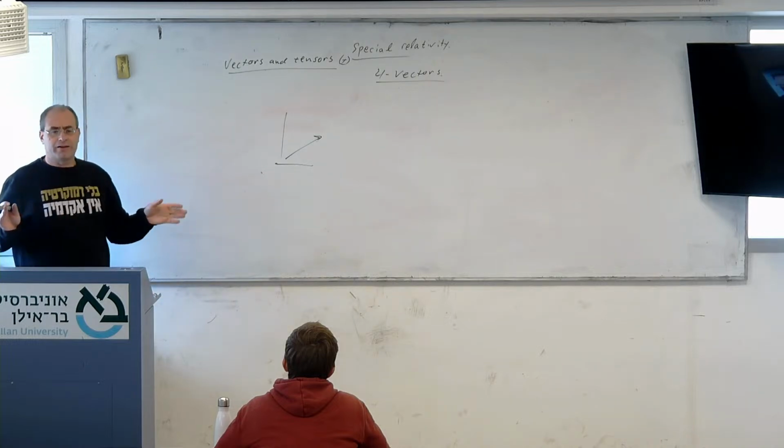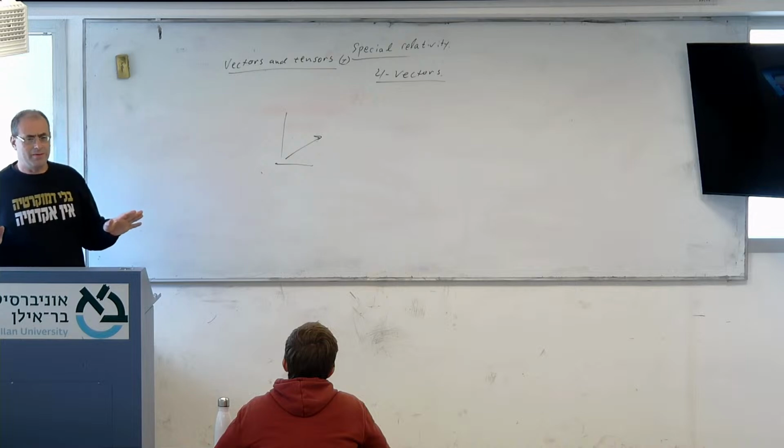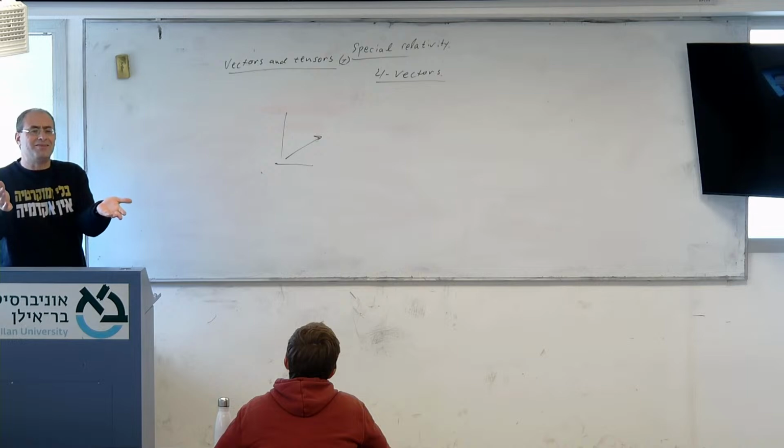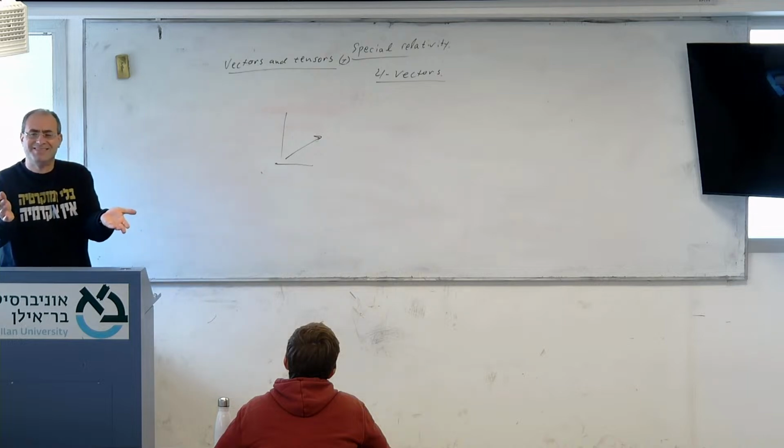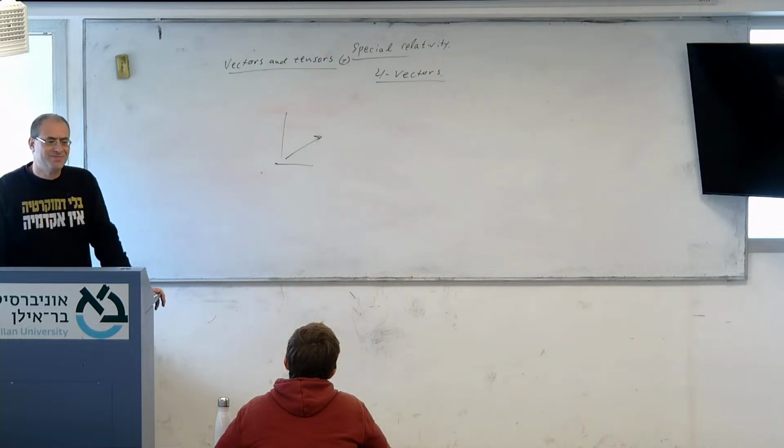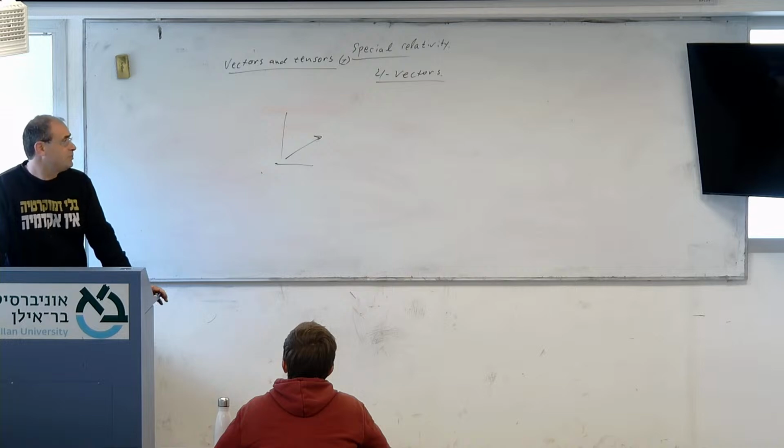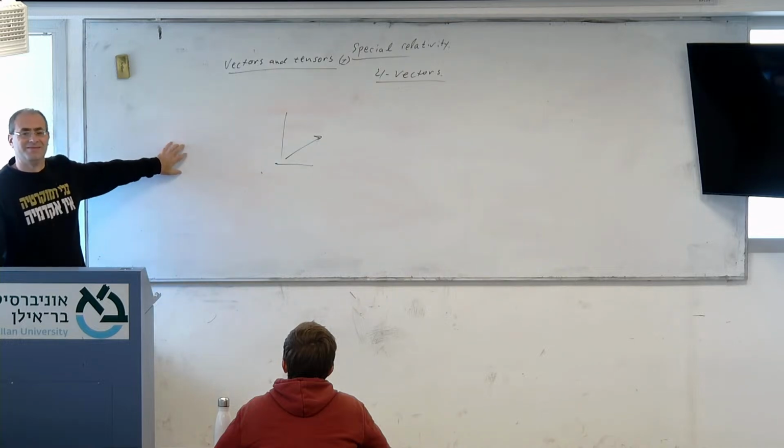So I'm going to define a vector for you. I'm actually disappointed. What's a vector? No answer. You don't know what a vector is. You've been using it all along. Right.